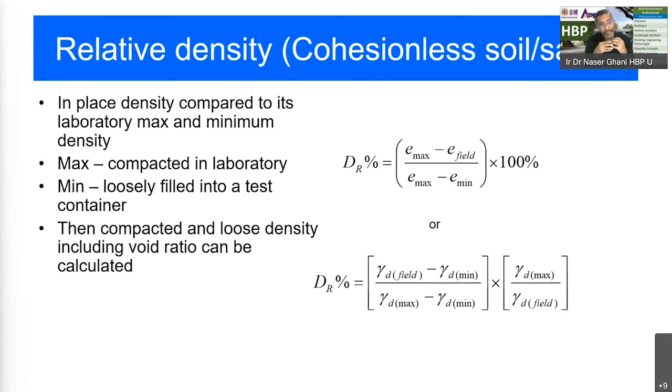Relative density is actually another indicator, and this relative density is more specific to cohesionless soil or sand. Because sometimes you go to a sandy area, you don't know whether the sand is loose or dense or very dense.